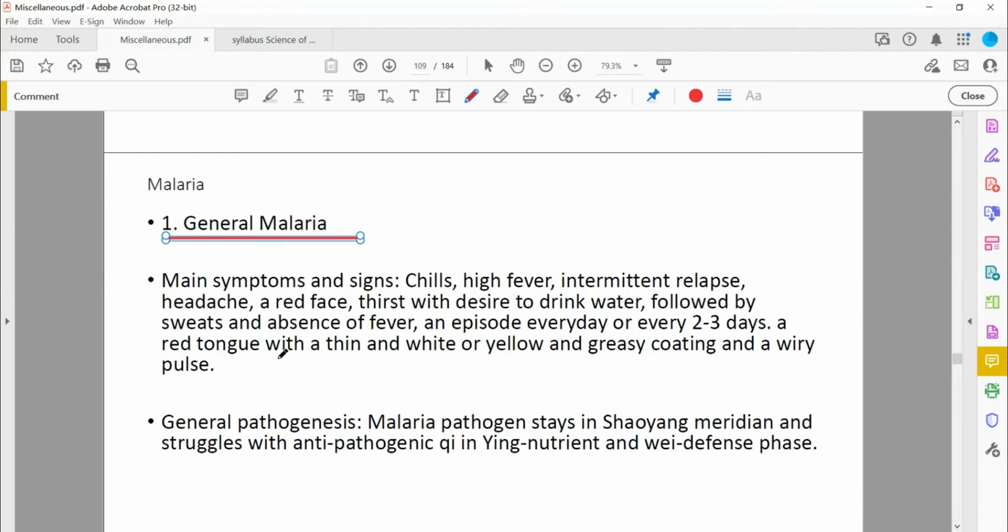A red tongue with a thin and white or yellow and greasy coating and a very pulse.